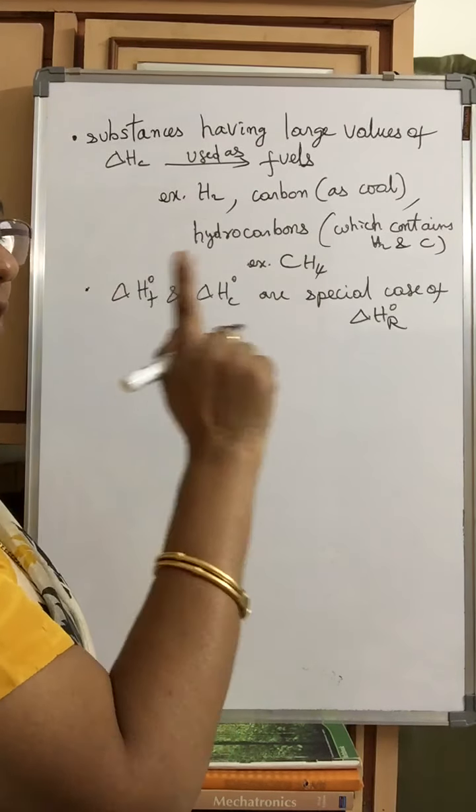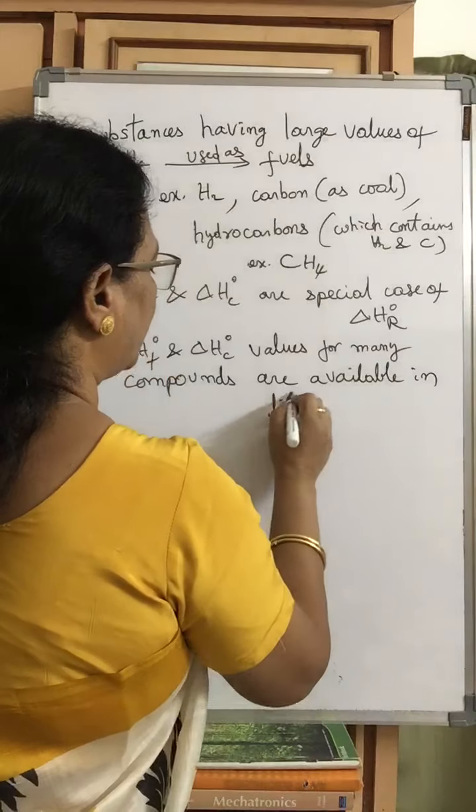And these delta HF naught and delta HC naught values for many compounds are available in literature.